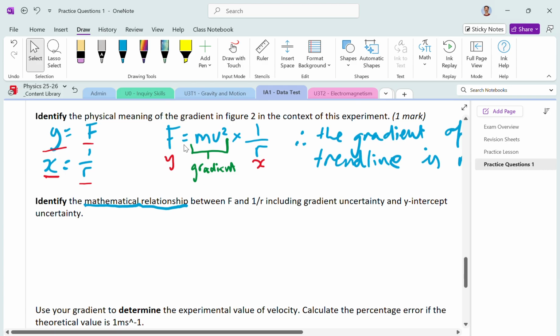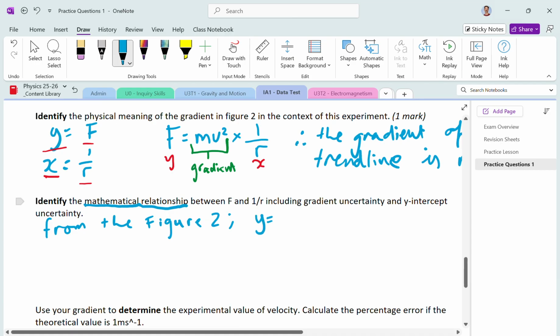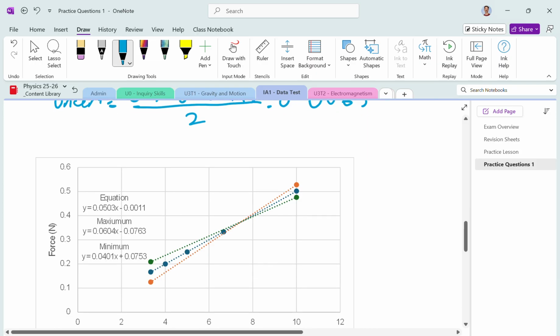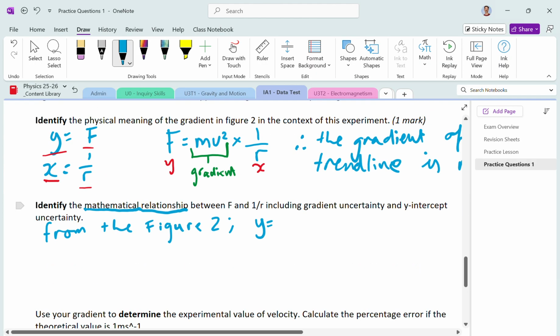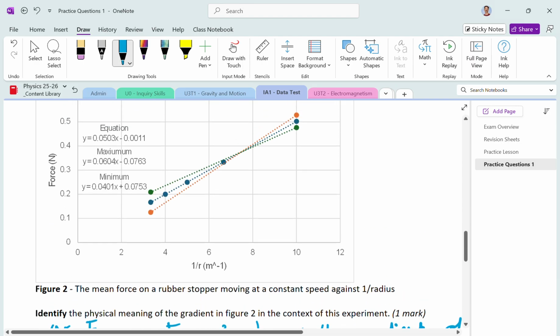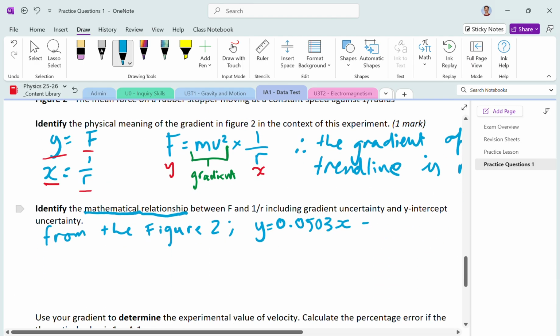Okay, so from the graph, or figure 2, just to be clear, y equals, let's get that equation, 0.0503x minus 0.0011.